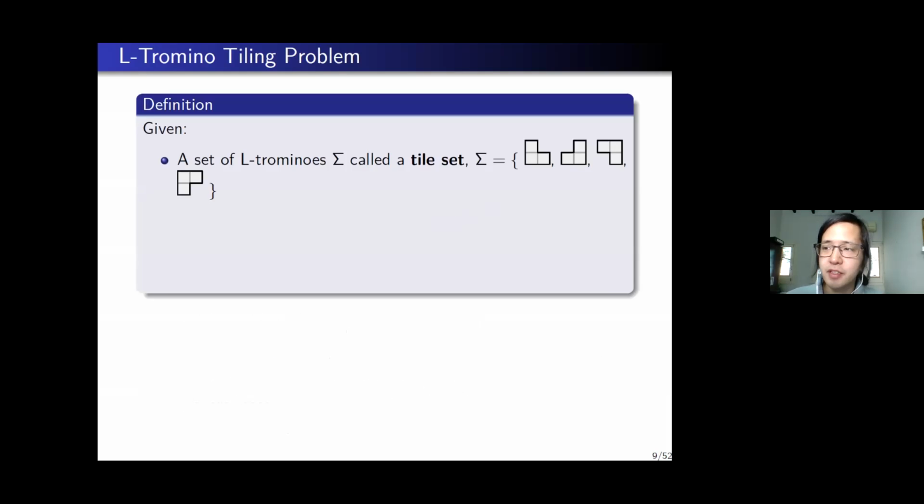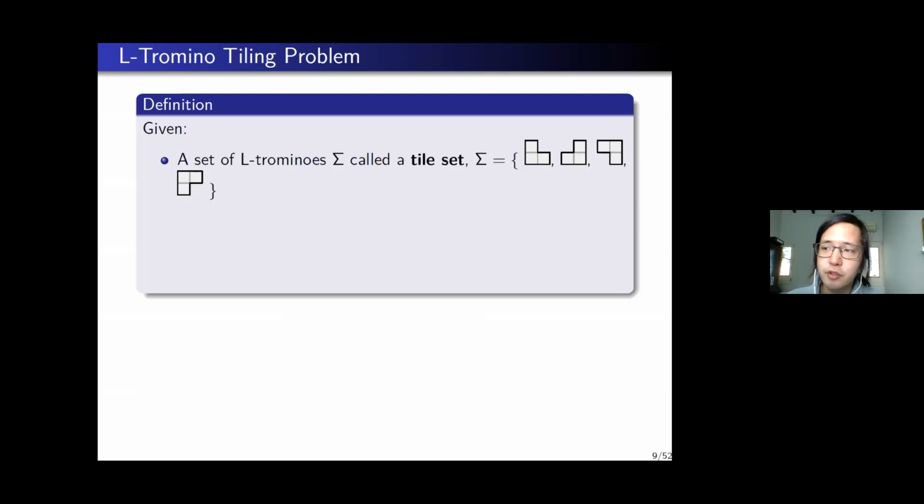Our main problem is the L-tromino tiling problem. The problem has two elements: the tile set and the region. The tile set is a list of polyominoes that are allowed to be used to cover a region.